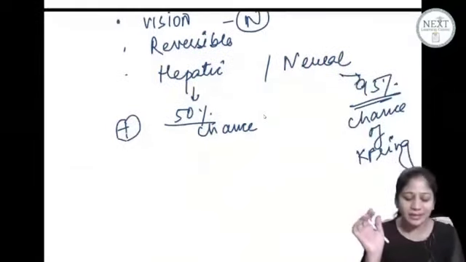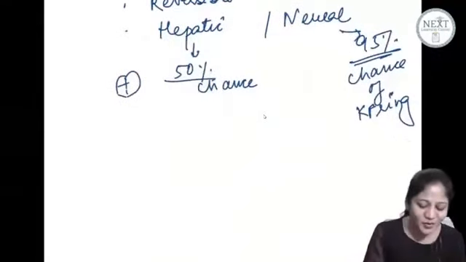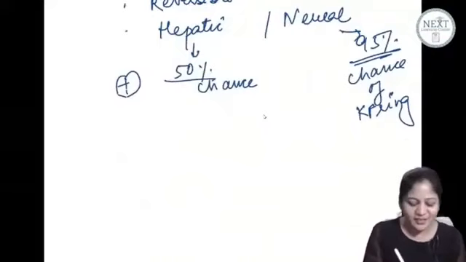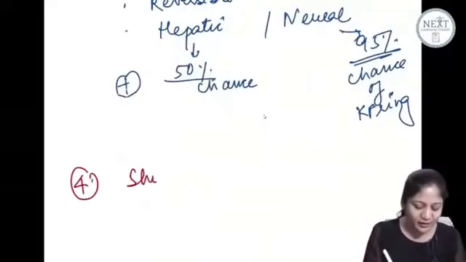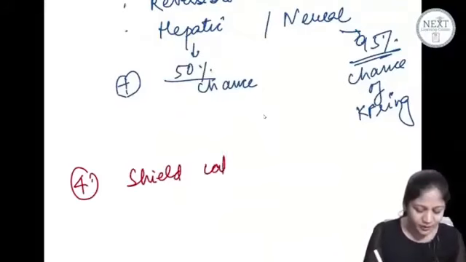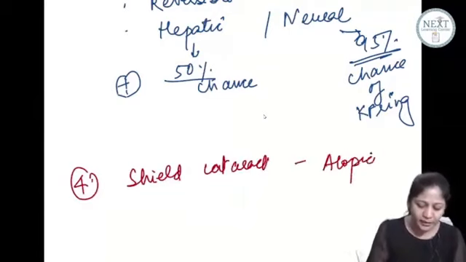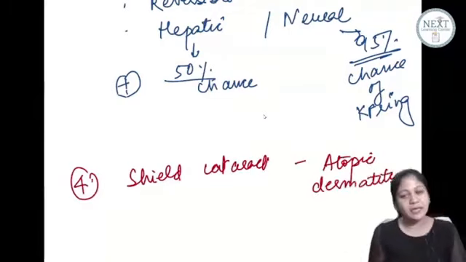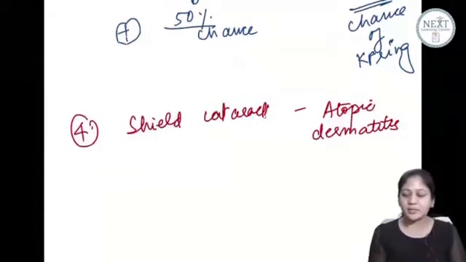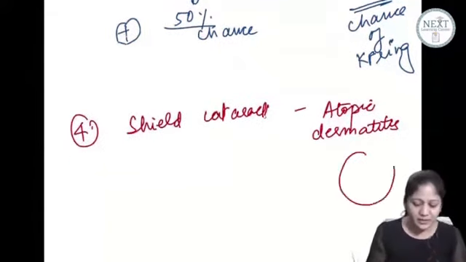Now let's see the fourth one. We are still on the morphological types of cataract. The fourth one is a shield cataract. Shield cataract is seen typically with skin disorders like atopic dermatitis. It's like a shield.